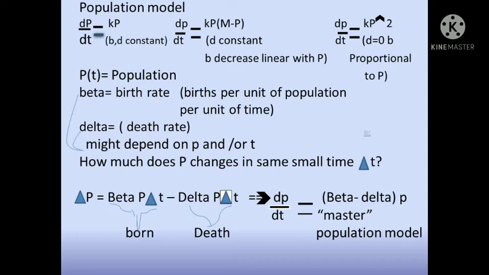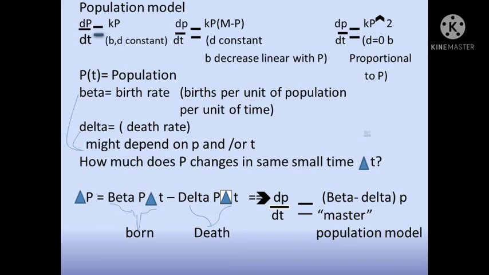Now my question is, how would I incorporate that into this model? I cannot incorporate it through a birth rate or death rate. I catch 100 fish every year, no matter what the population is, as long as there's enough in the pond. So it's not part of the birth rate or the death rate.